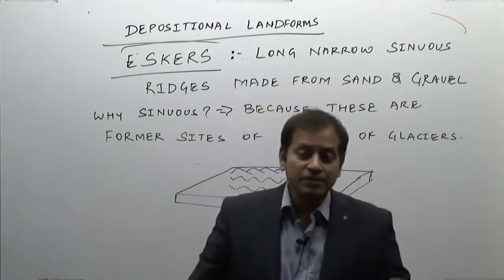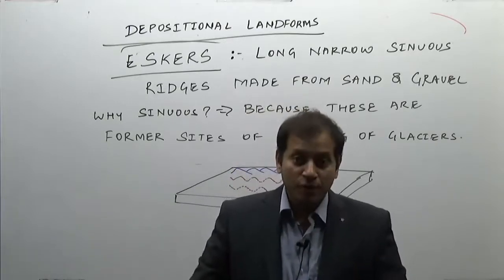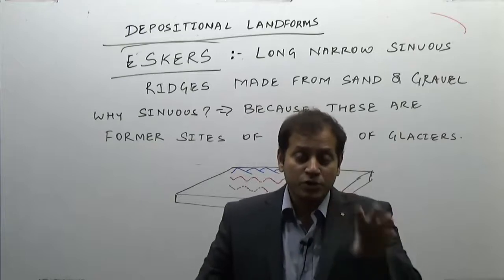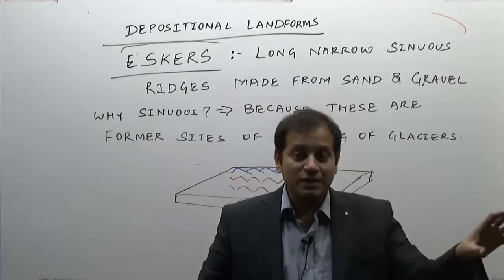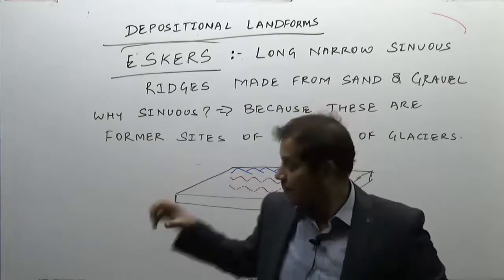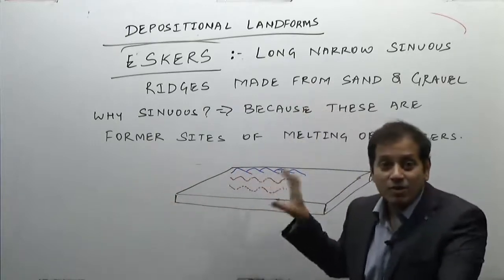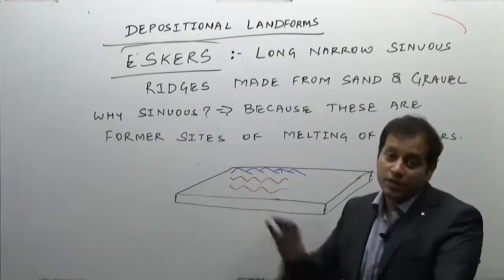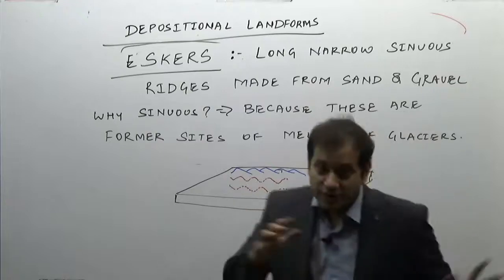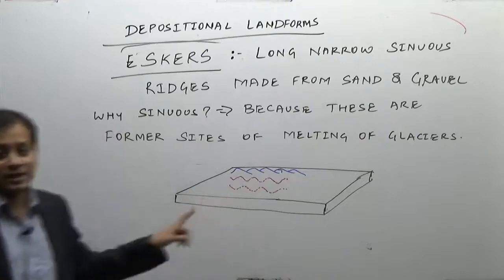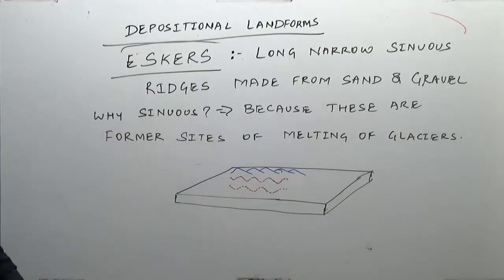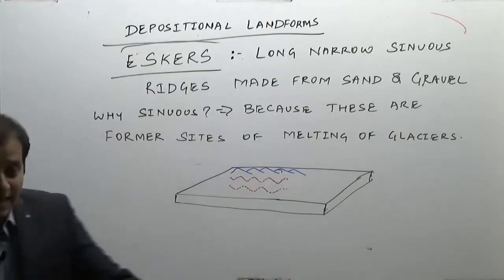So at the end of this entire geomorphology, I will put a short slide show which will revise the geomorphology in a faster way along with slides of how the landforms look, so that you will have a complete idea. Just try to imagine now: these are long, narrow, sinuous ridges made from sand and gravel.